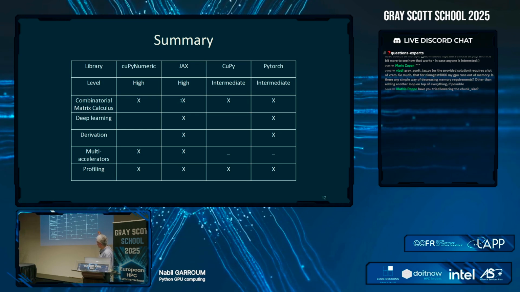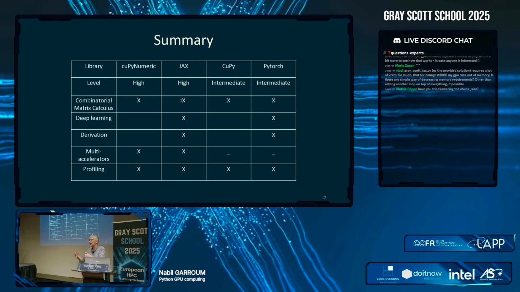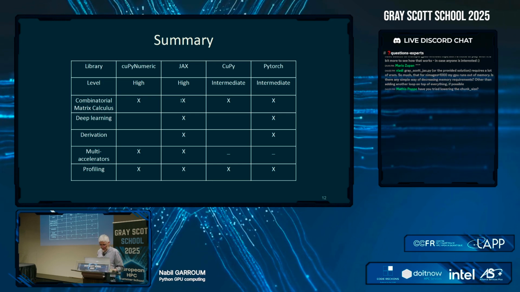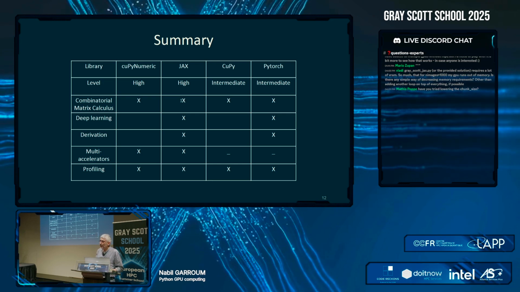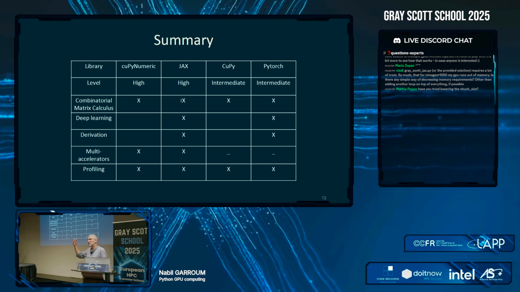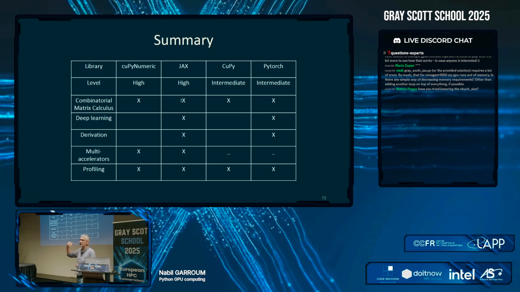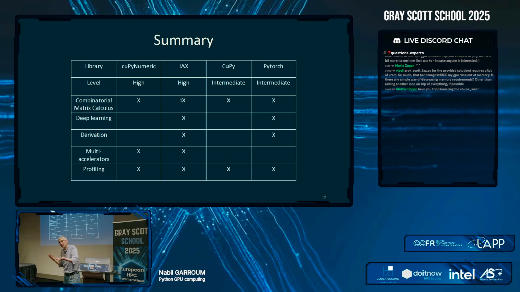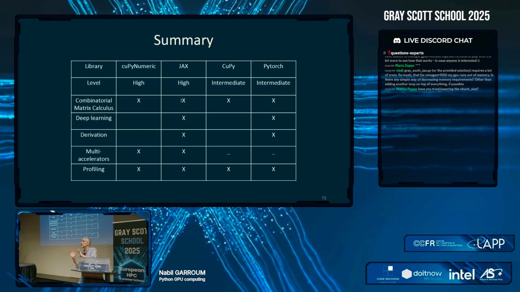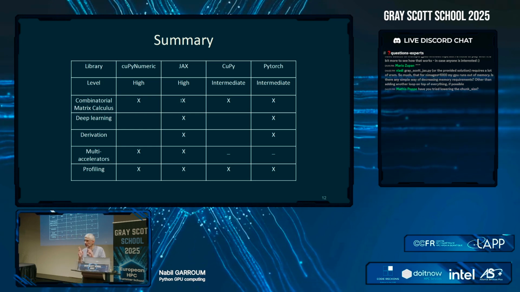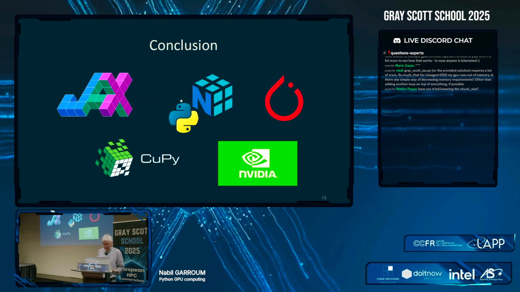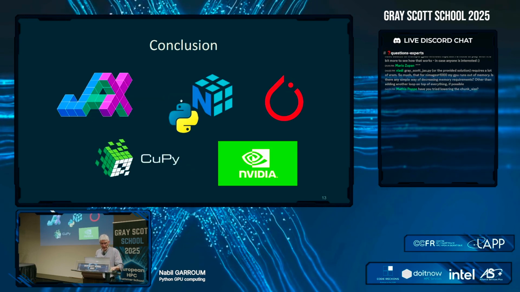For PyTorch, if you want to use multi-accelerators, you have to use subsidiary libraries like PyTorch Lightning or others. You can use multi-GPUs, but if you want to use TPUs, it's not supported yet. Okay, so when I say other accelerators, I mean others than GPUs.